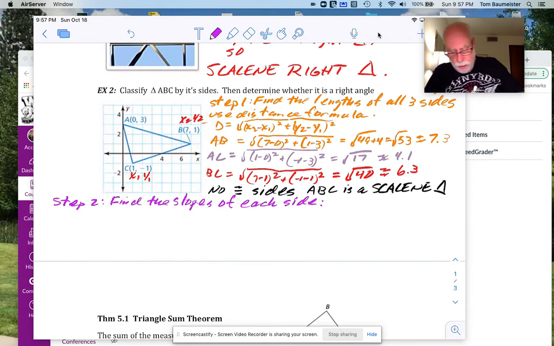Okay. Remember, the slope is just simply y2 minus y1 over x2 minus x1.